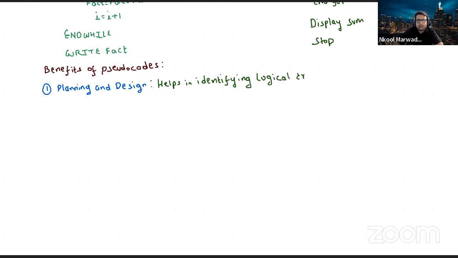And also it helps in refining the algorithm's logic.